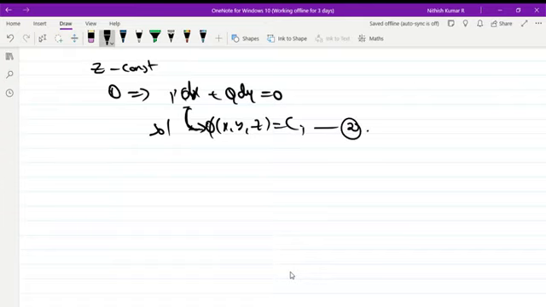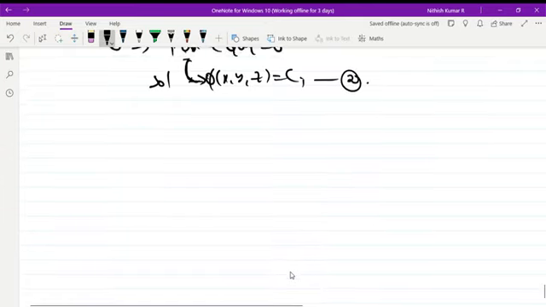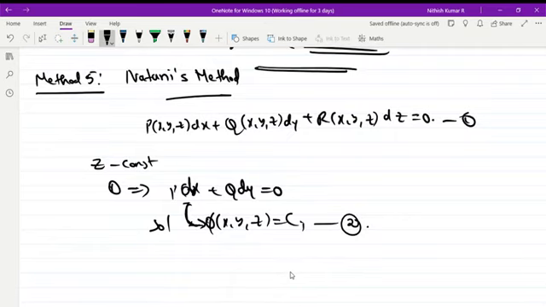Now the solution of equation 1 will be of the form, say, capital Phi of phi and z, because this phi is the solution of P and Q. Including one more variable z, we will get a solution of 1. Let's denote it by capital Phi of phi, z equal to c2, where c1 is a constant and c2 is a constant.